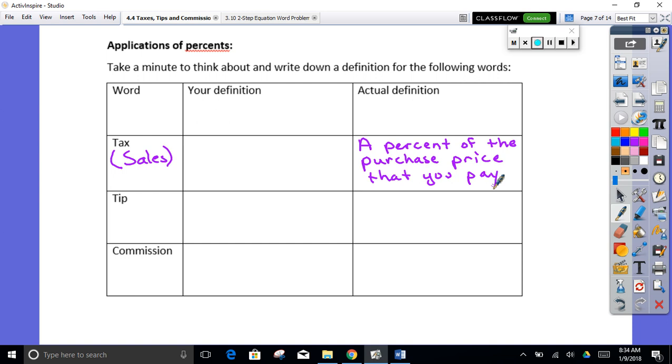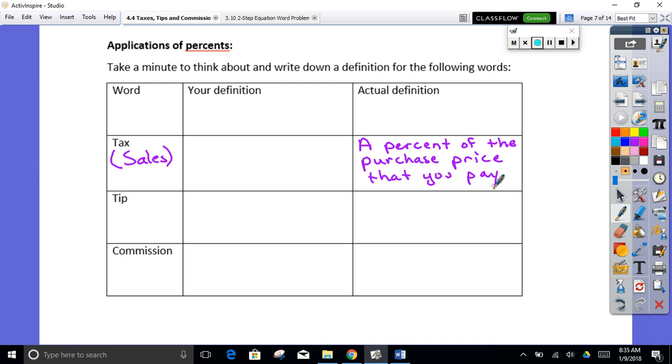And not everything is taxed. If you buy food at the grocery store, that food is not taxed. However, if you buy food in a restaurant, that food would be taxed. Clothing is not supposed to be taxed, but I think sometimes it is now. I know it wasn't for a long time.